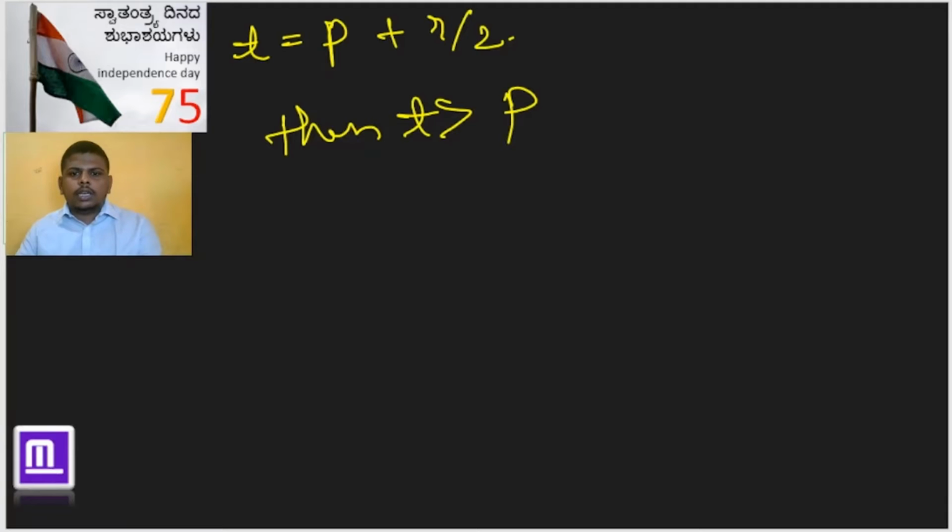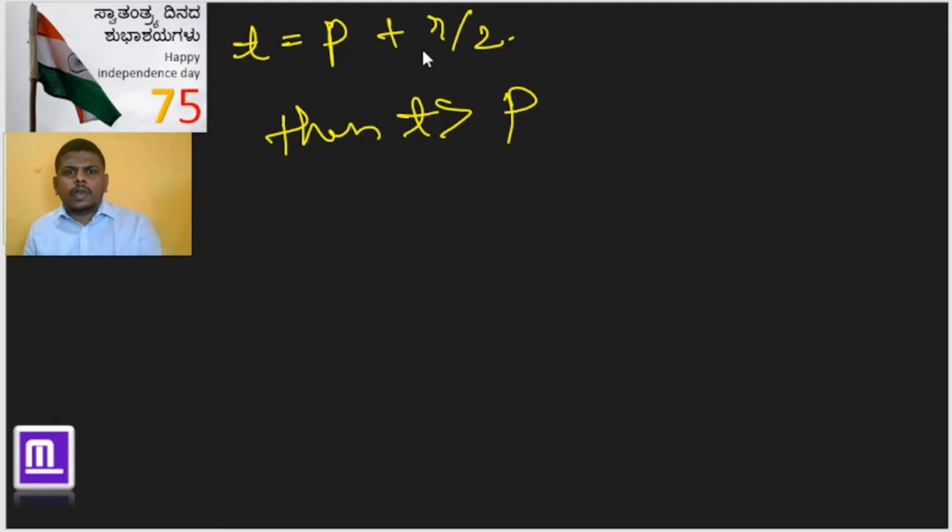That is our third property, right? So how to show that? We are just picking a number greater than p. If you take p, it is possible that there is an r. Then you just add p plus r by 2, and you will get t.